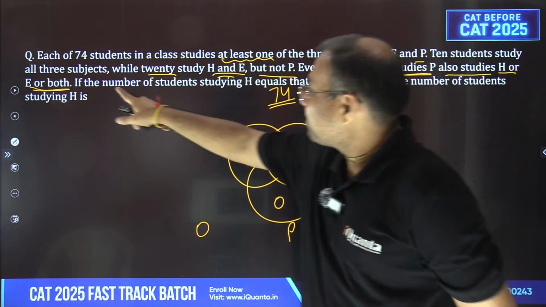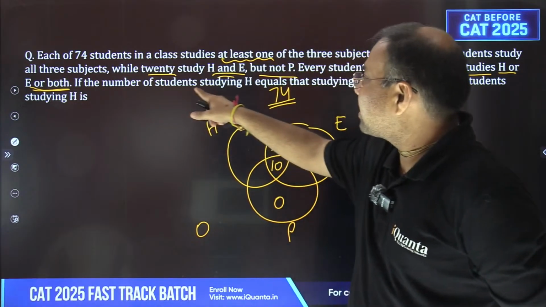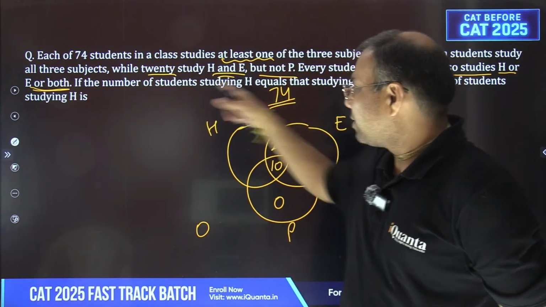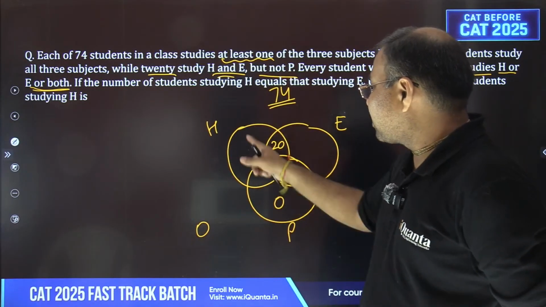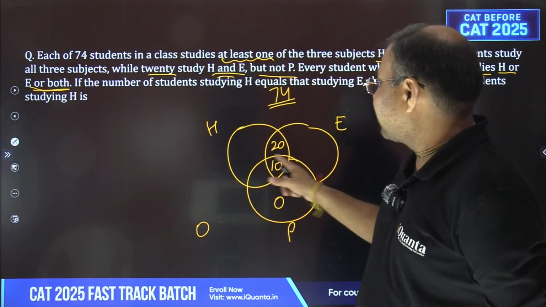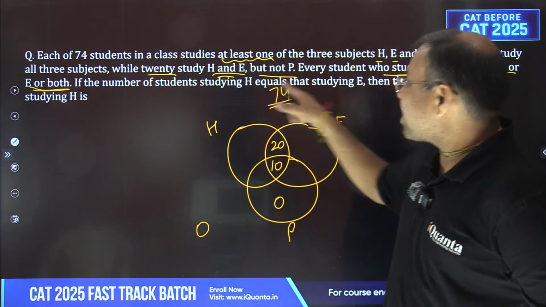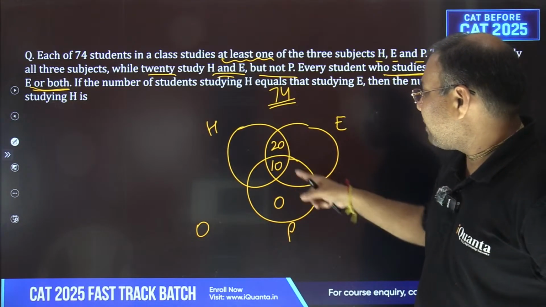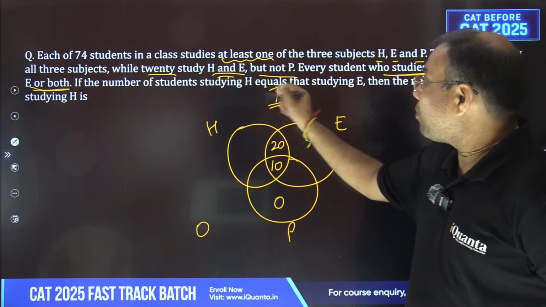Further it says if the number of students studying H, it's talking about the total of H, right? So the total H is 30 plus this number. I don't know how much it is, but 30 plus this number. This equals the number studying E. The total E is also 30 plus this number. And they are equal, it says.